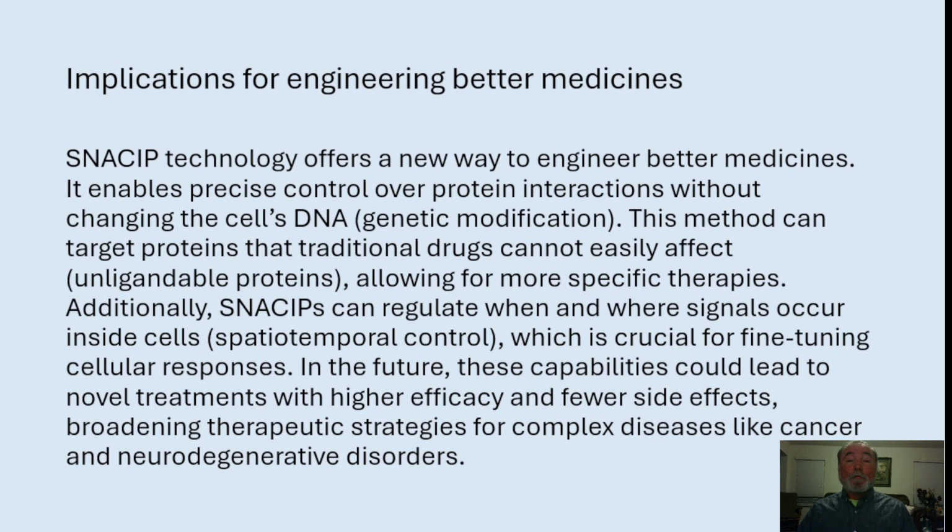Spatial temporal control, which is crucial for fine-tuning cellular responses. In the future, these capabilities could lead to novel treatments with higher efficacy and fewer side effects, broadening the therapeutic strategies for complex diseases like cancer and neurodegenerative disorders.